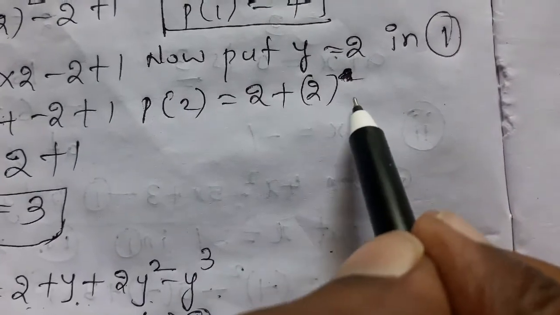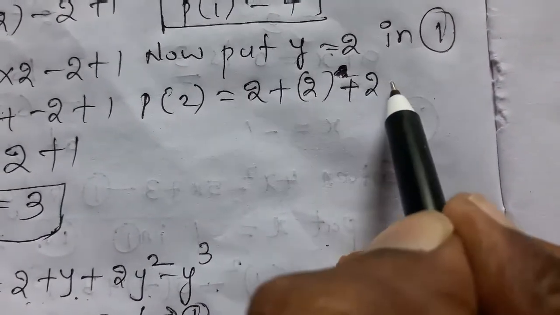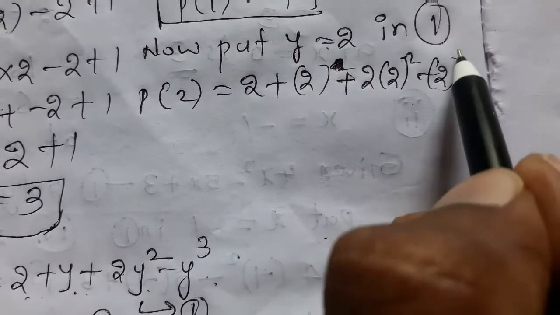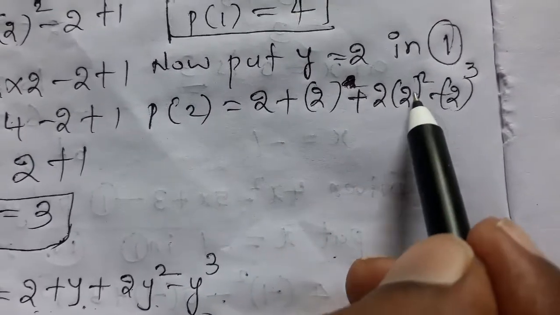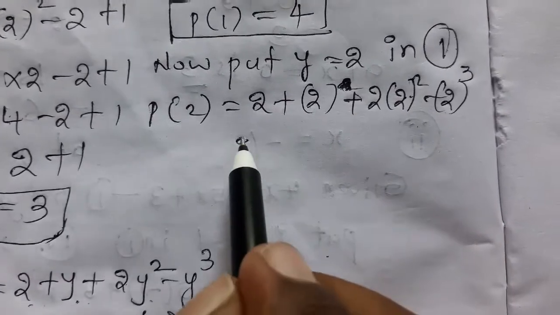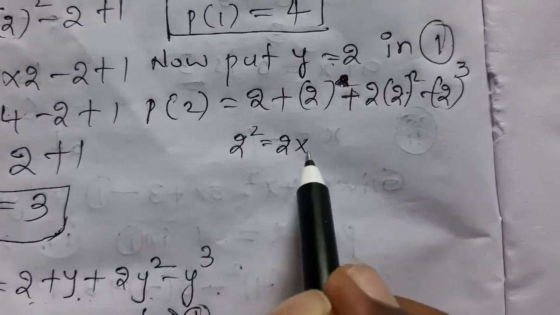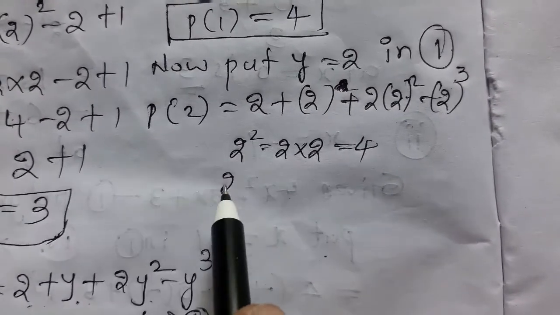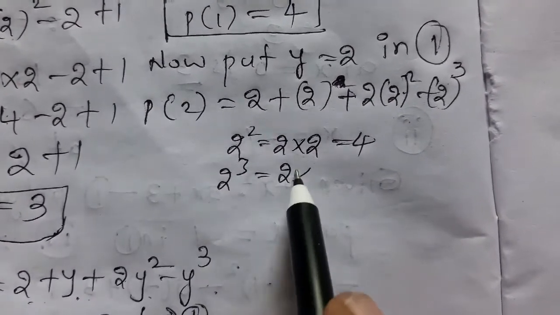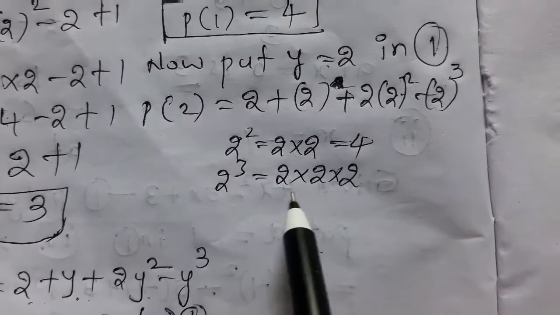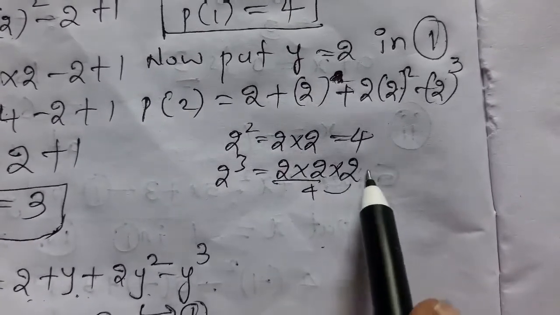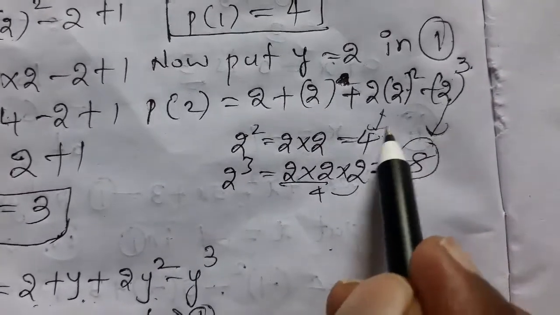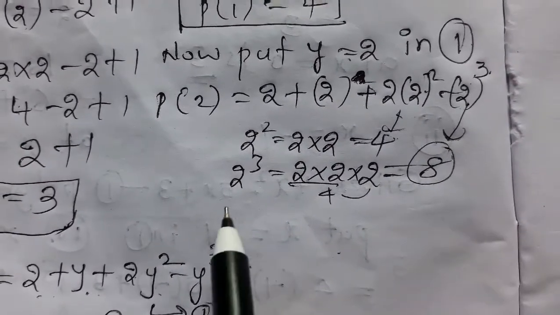Now plus 2 into 2 whole square minus 2 whole cube. See here 2 whole square means 2 multiplied by 2 times, 2 into 2, that becomes 4. 2 whole cube means 2 multiplied by how many times? 3 times. 2 twos are 4, 4 twos are 8, isn't it? This value is 8. This value is 4.